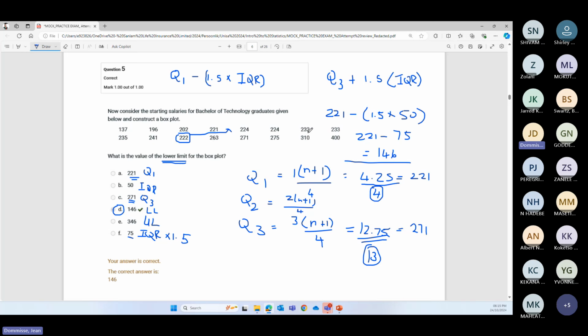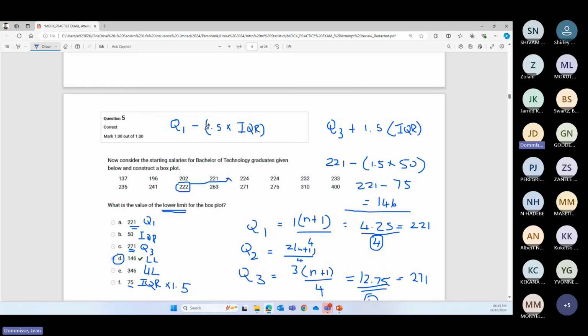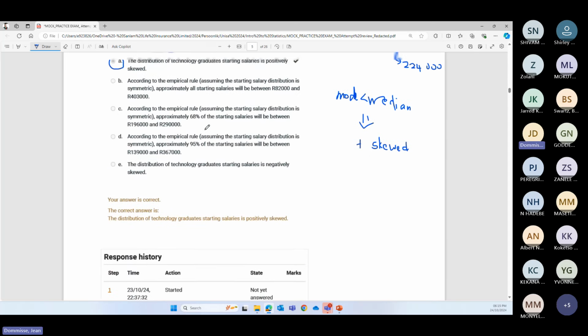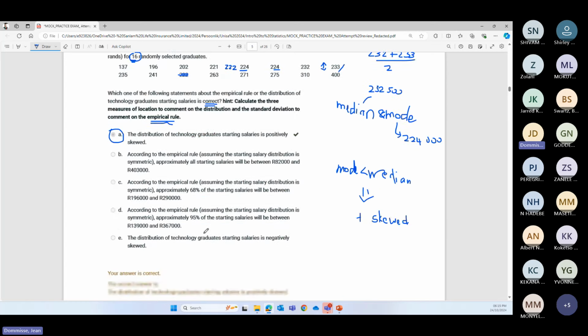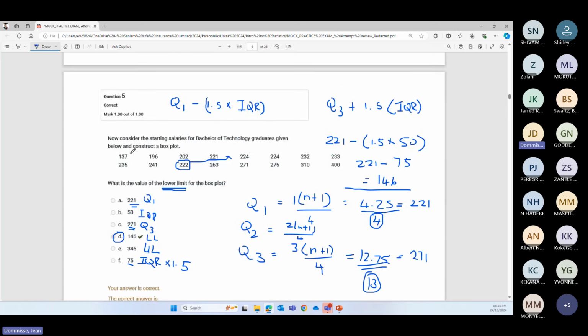Okay, there's another hand. Hi, I just wanted to ask the value of n. How did we determine that? Oh, the value of n was, in the previous one, they also gave it to us as 16. So all that you do is you just count how many there are. So 1, 2, 3, 4, 5, 6, 7, 8, 9, 10, 11, 12, 13, 14, 15, 16.